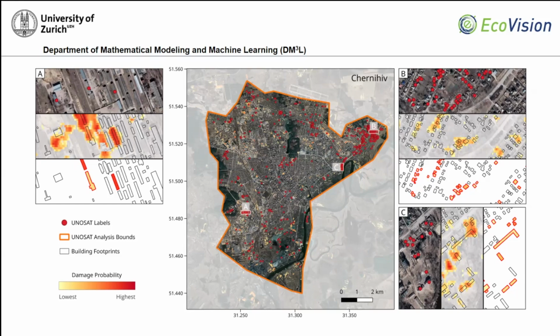Then in the middle, you always see the destruction probability, that is the output of the random forest classifier on the Google Earth Engine. And at the bottom right of these three images, you see when it's clipped to the building footprint from Overture Maps. And the damage probability is again encoded from low, so bright, yellowish, to very high, very red.